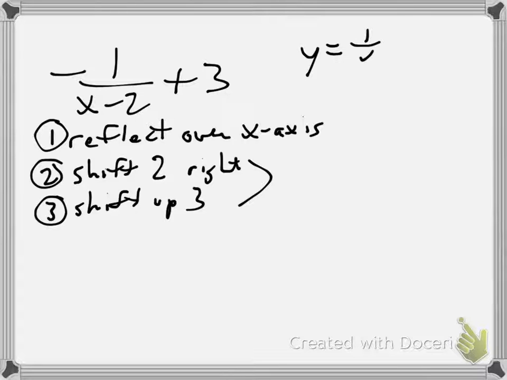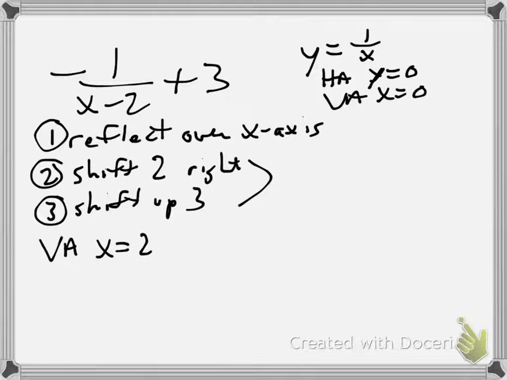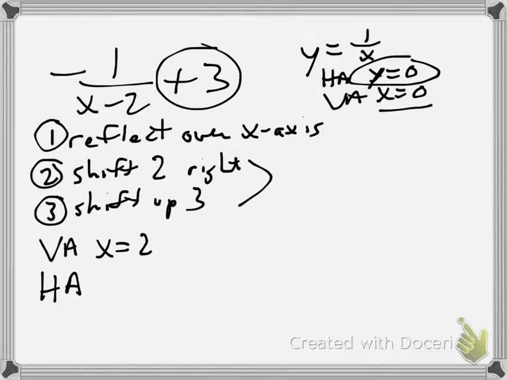Now think about this for a second. If y equaled 1 over x, horizontal asymptote y equals 0, vertical asymptote x equals 0. Well, look what happens here. The vertical asymptote is x equals 2 because we shifted 2 to the right. So that means the vertical asymptote went from x equals 0, 2 to the right, which gives you x equals 2. The horizontal asymptote was y equals 0, but this number out here tells us that that horizontal asymptote shifted up 3.